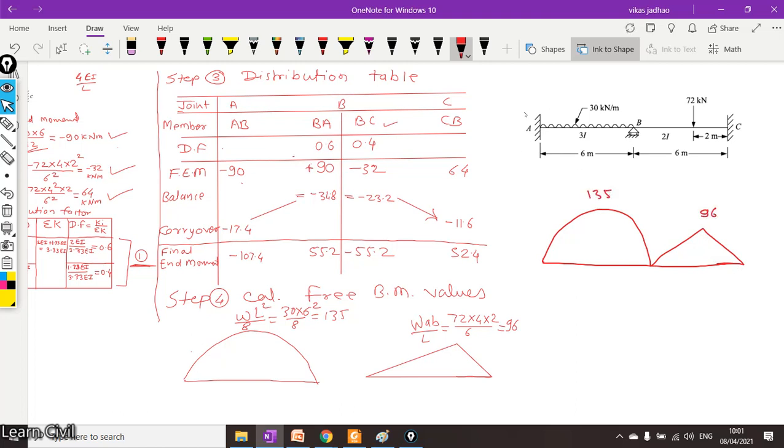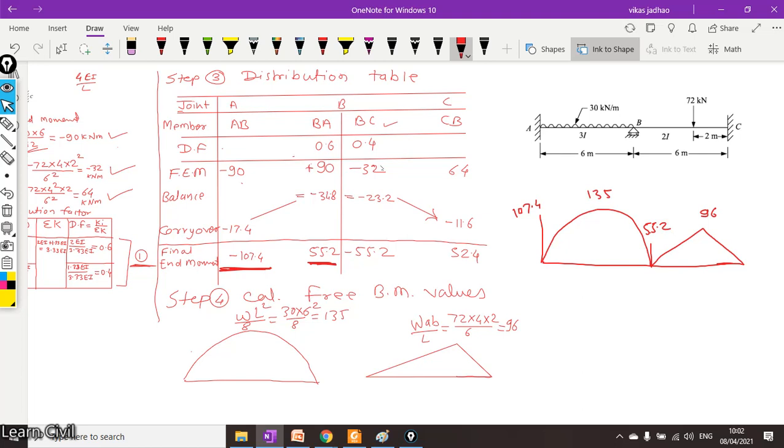Now the final end moment for AB is minus 107.4 kilonewton meter. Minus is there, therefore it will be on the anti-clockwise face, so draw here 107.4. At joint BA we have plus 55.2, so on the clockwise face draw 55.2.